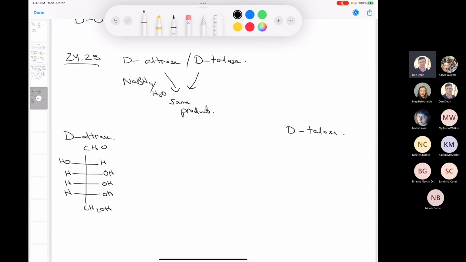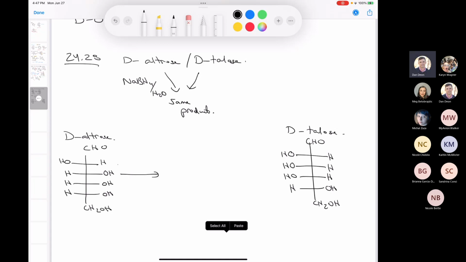And then D-talose has this. So I have my CHO, CH2OH. Then I have 1, 2, 3, 4. Oops, that's not very pretty. And then I have 3 hydroxyls up here, like this, and 3 hydrogens here, like that.